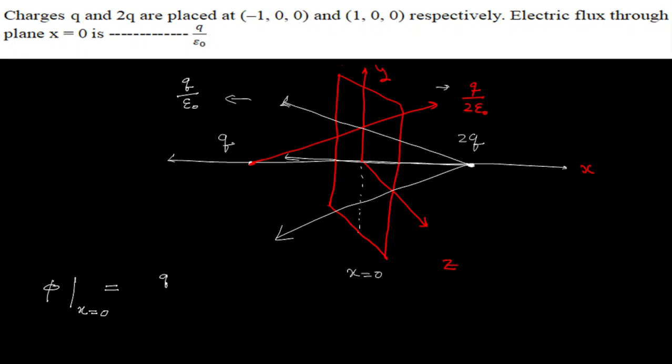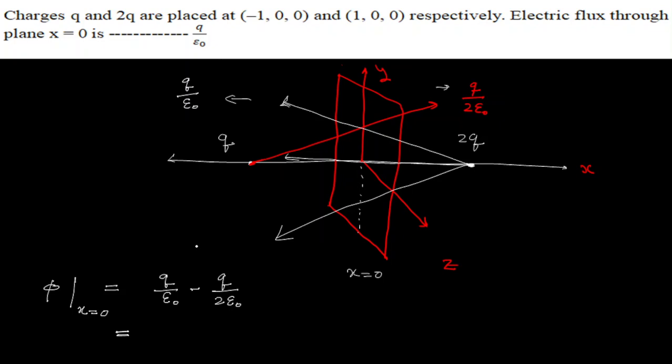What will be the flux through the x equals to 0 plane? It is q divided by epsilon, which will pass towards the left, minus q divided by 2 epsilon, which will pass towards the right. So the net flux will be the subtraction of these two fluxes, because they pass in opposite directions to each other.